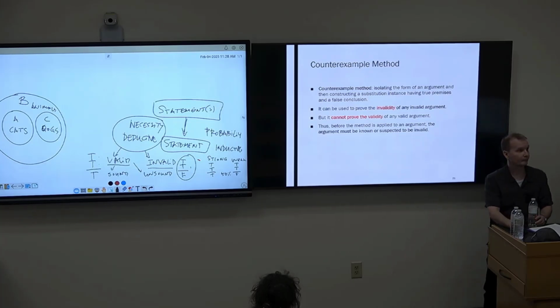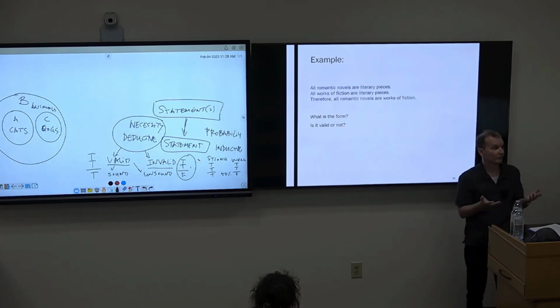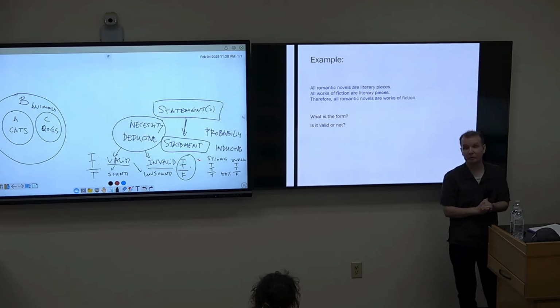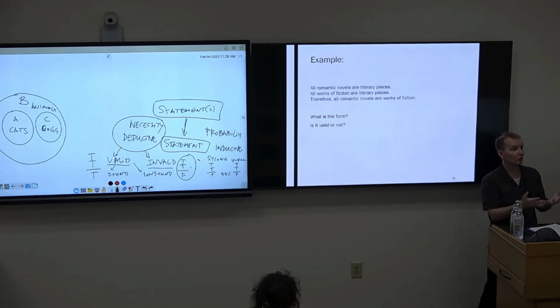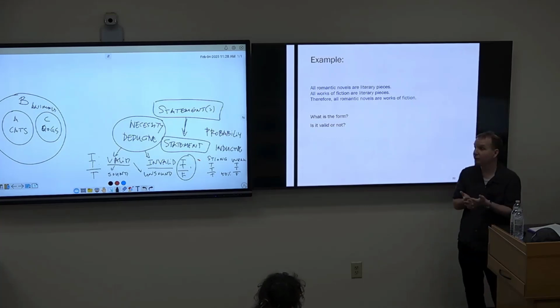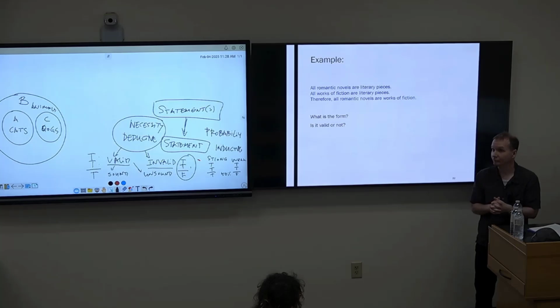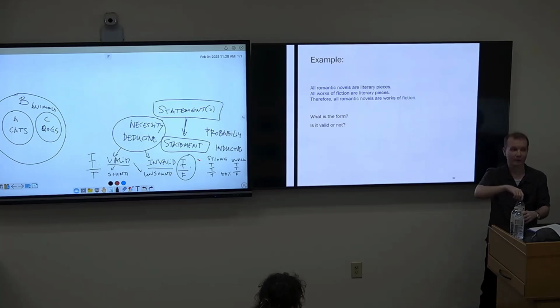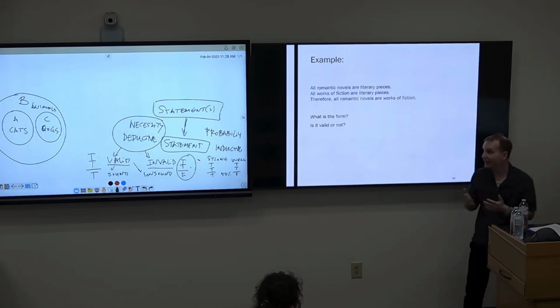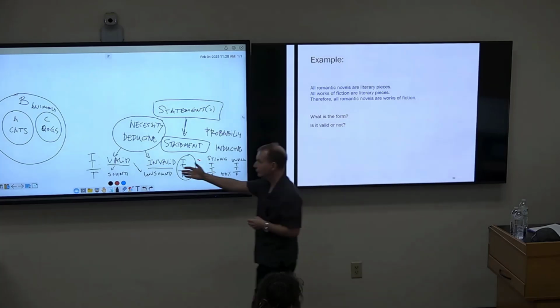Here's another example. You have this argument given to you: all romantic novels are literary pieces, all works of fiction are literary pieces, therefore all romantic novels are works of fiction. Now, the first question here is what form it is. Yeah, actually, that form here.